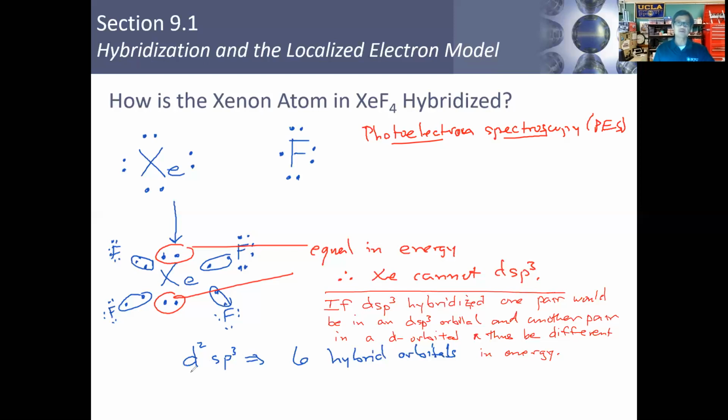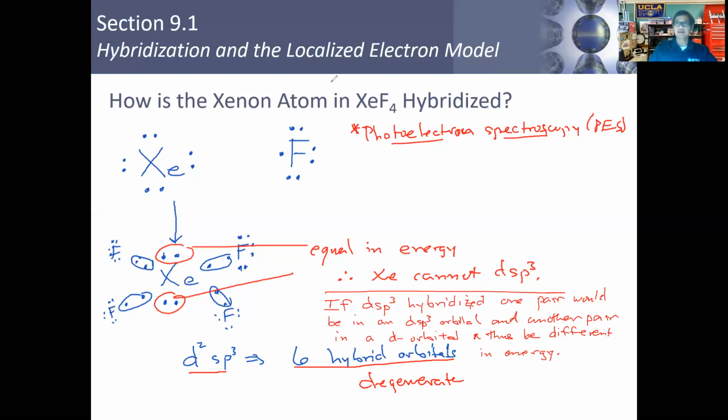And so we have what are called d2sp3 hybrid orbitals. That gives us 6 hybrid orbitals, all degenerate, meaning they are equal in energy, and each one of these pairs occupies one of those 6 hybrid orbitals. Again, photoelectron spectroscopy supports this structure for our molecule here.